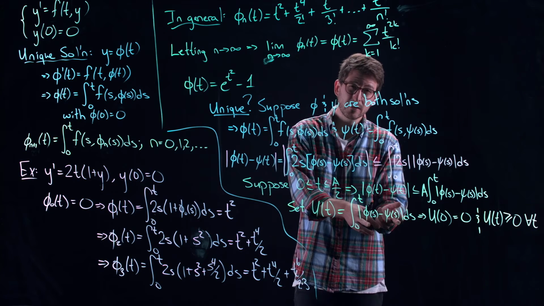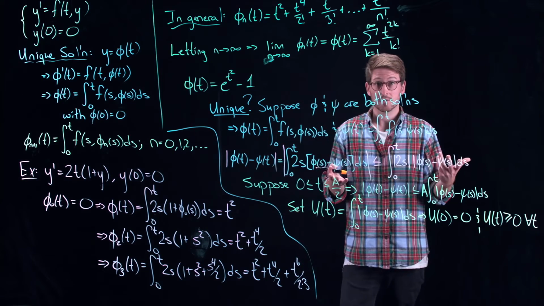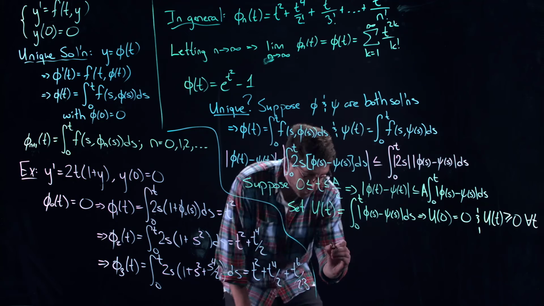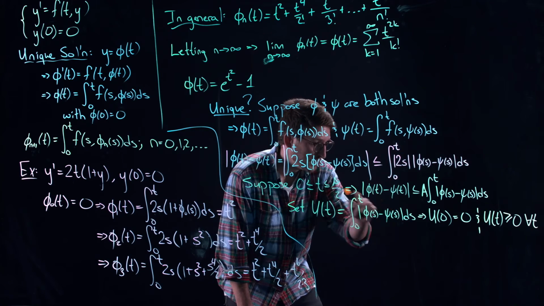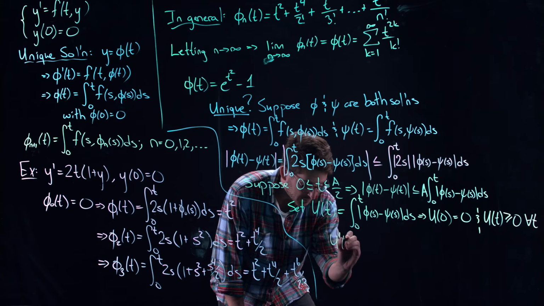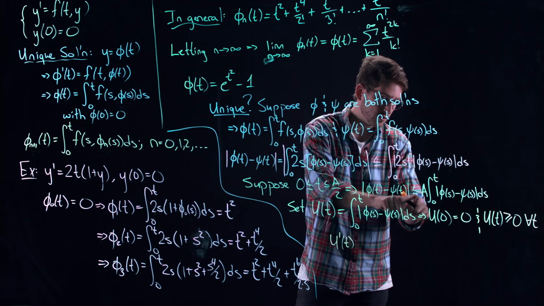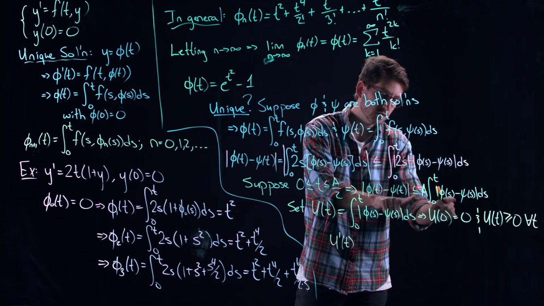You might have to look this one up. Essentially, it's just the fundamental theorem of calculus. So U prime of t is less than or equal to a times U.